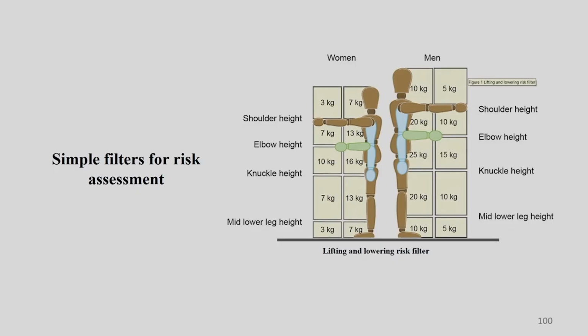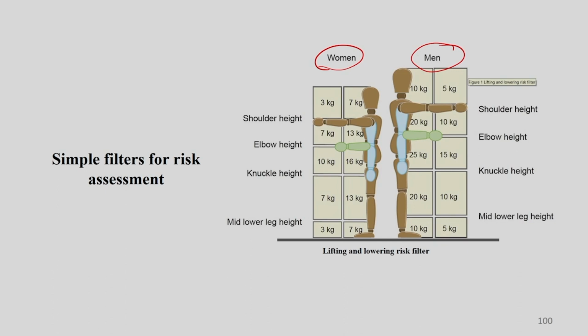Now the next filter is for lowering or lifting any job. At what height? This is the definition, for women if a female worker is there, and for men if a male worker is there. So for lifting and lowering, what should the weight be?